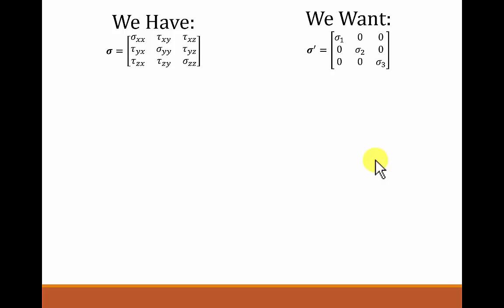What can we do to reorient a new x, y, and z such that we have off-diagonal terms that are equal to 0? Let's create a unit vector, and let's say it's pointed along an important direction. I don't know what that direction is yet, I just know that there has to be one. I'm going to express this as ui.